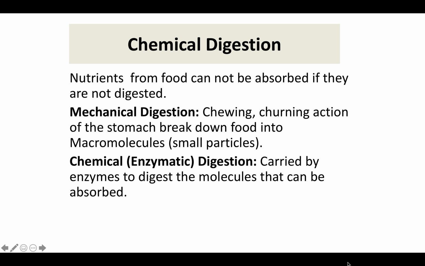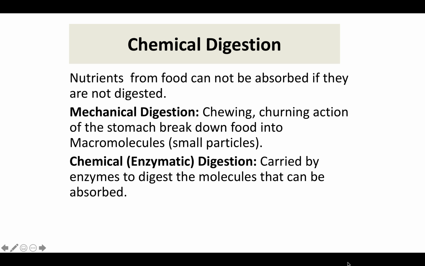Chemical digestion. In this lab, we're going to study enzymes, their role in chemical digestion, and the characteristics of enzymes. We all know that digestion starts with mechanical digestion, which transforms food into macromolecules.